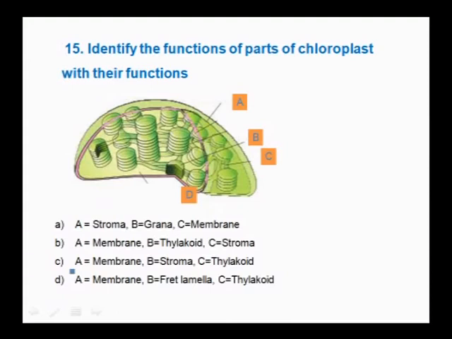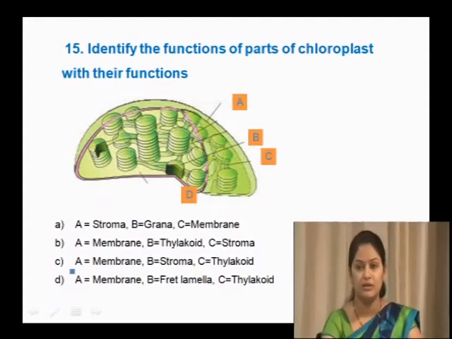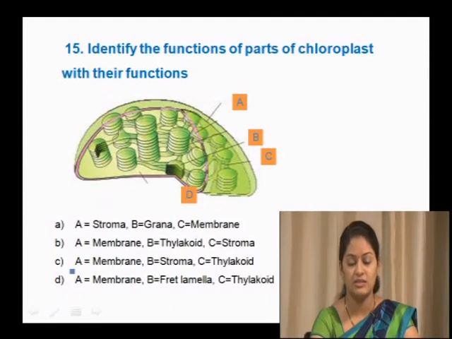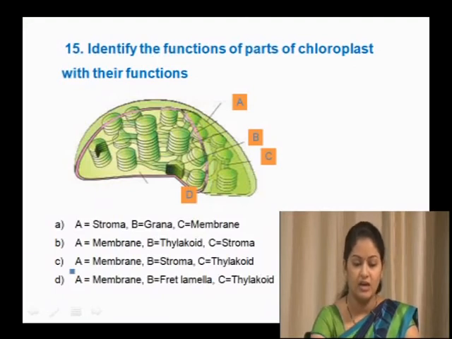The next question is regarding the structure of chloroplast. Identify the functions of the part. Actually, it should be the labeling given there. So, labels are A, B, C and D. Option A is the membrane.